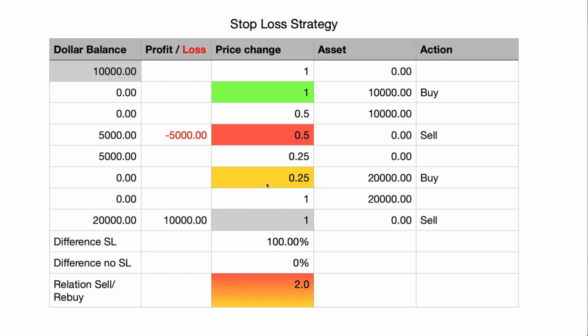The idea is if you see a huge drop, get out of your asset. Realize a loss and hope it drops further. If it does, use your remainder dollar balance and get in again.